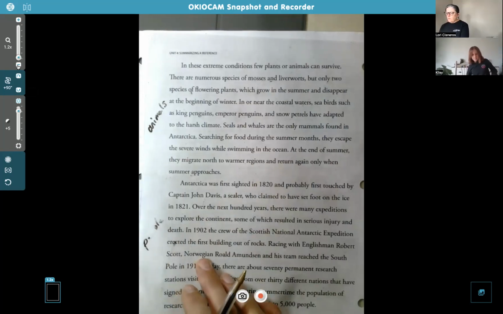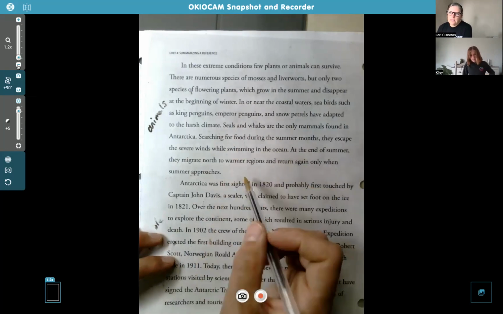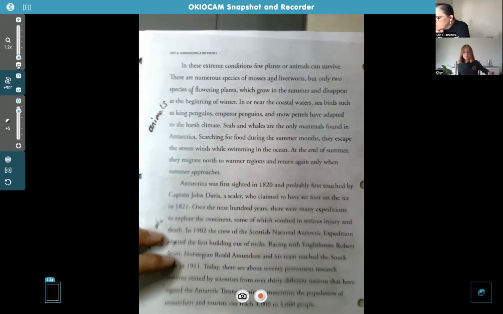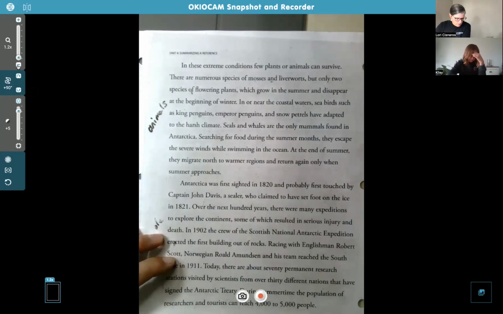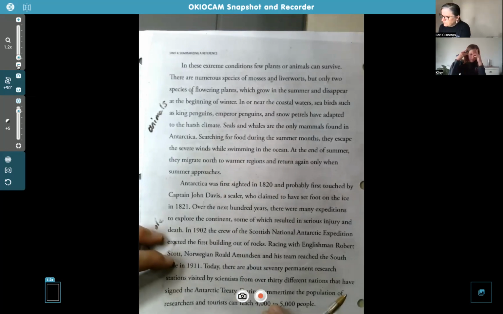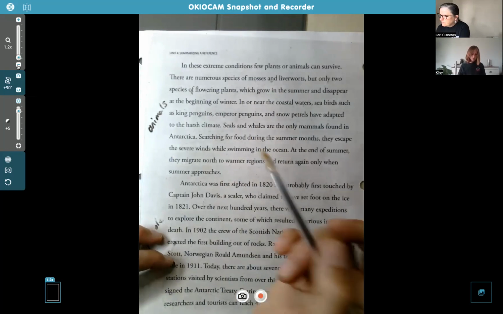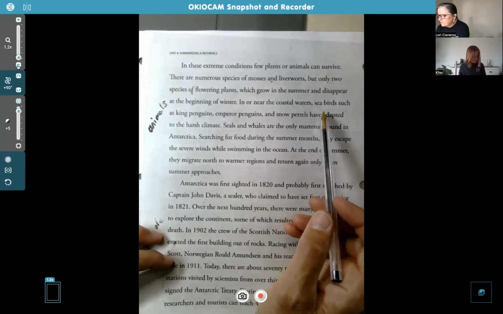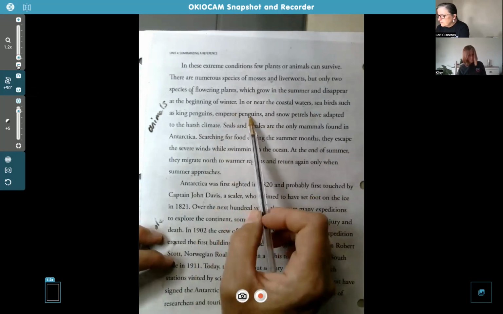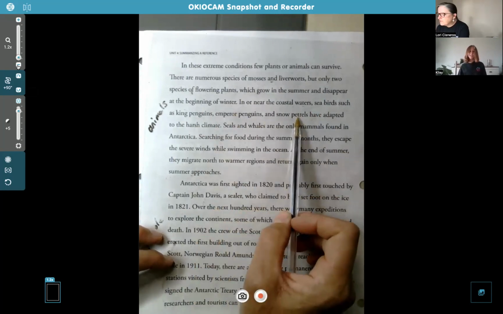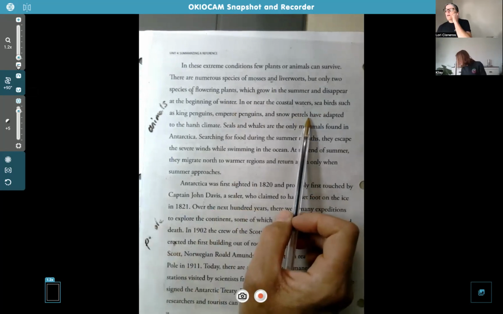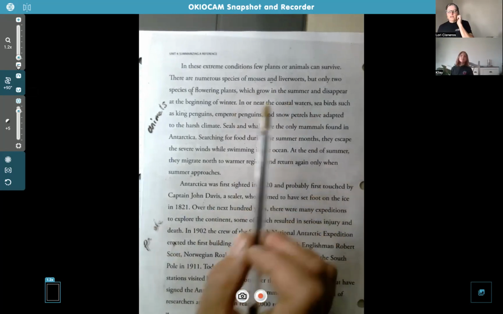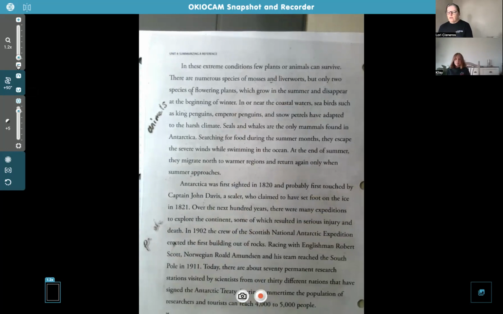So for this one, we'll just practice using what we actually see in this article. So looking at that paragraph, do you see something that's interesting? The birds there are king penguins, emperor penguins, and snow petrels. Those are other interesting birds that live there. I think those actually do fly.